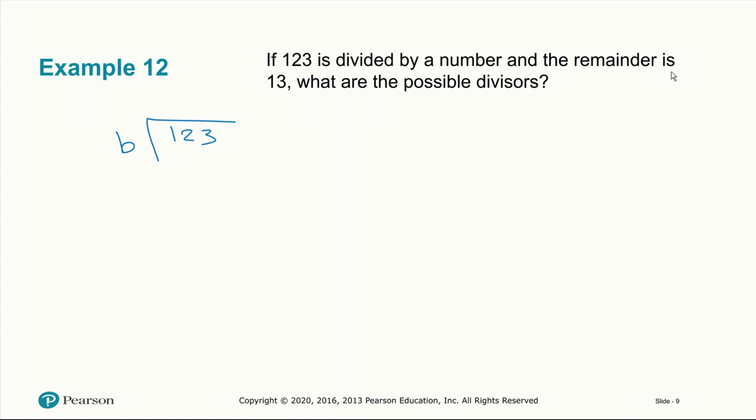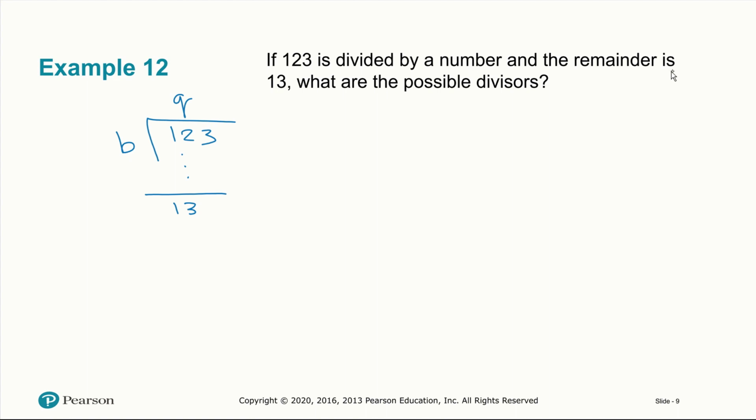Normally we use lowercase d for that, but this textbook has an affinity for b, so I'll just stay with that. And the remainder is 13. We also don't know what the quotient is.